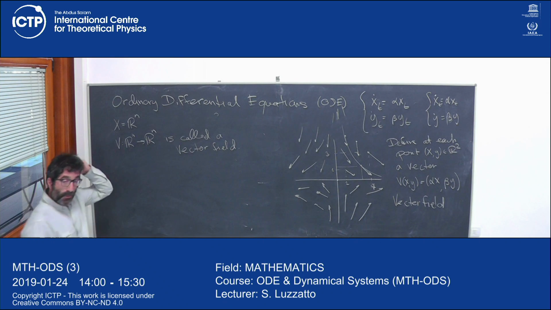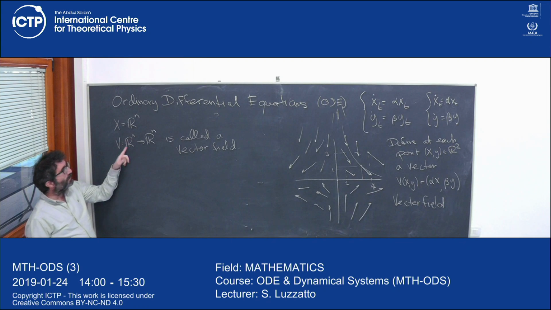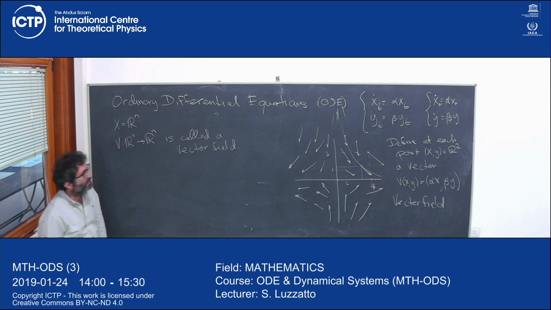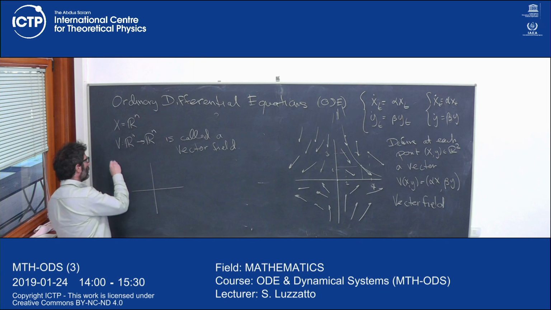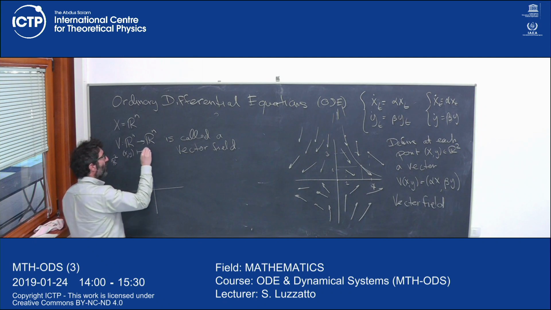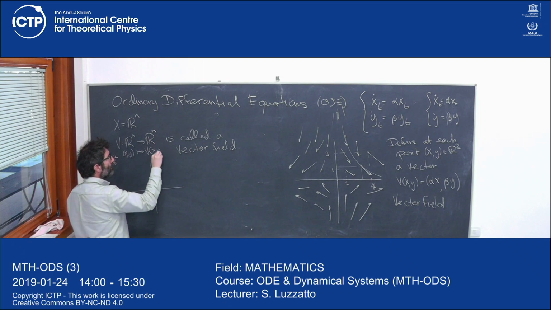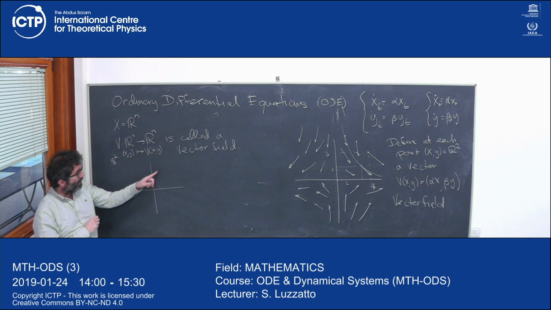This is another potential source of confusion, because we're not going to iterate this function. We take Rn, for example the case n equals 2, R2, and for each point xy, you define v of xy, a vector. But you think of this vector as being based at the point.